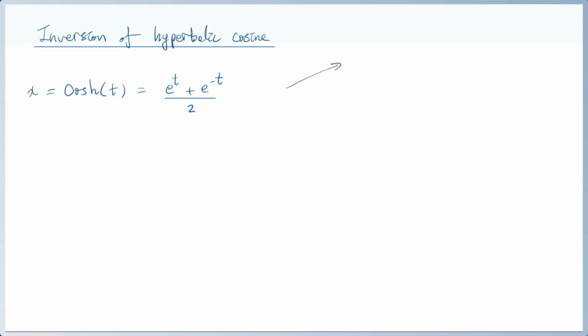Okay, so compare this to the definition of sinh or hyperbolic sine, which is given as e to the t minus e to the negative t all over 2. Okay, they look alike. The only difference is the sign there.